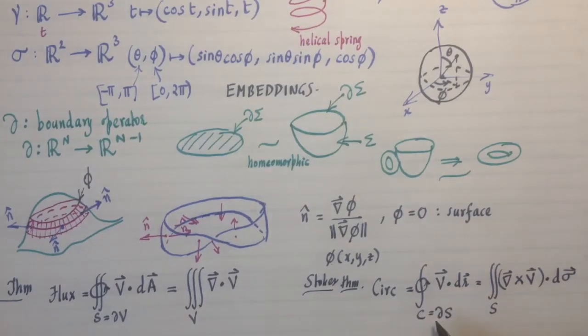So you can see how these topological ideas show up. You need the curve to be oriented, and you need the surface to be oriented, and you need the curve to be the boundary of the surface here, and the surface to be the boundary of the volume here.